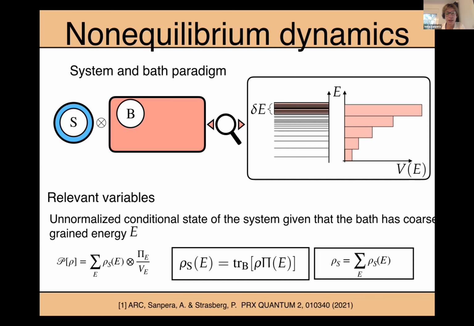And this of course goes beyond the typical approximation, because we have a classical correlation between system and bath. So if my system is at a given energy, the bath has this energy. I will show you how it works.